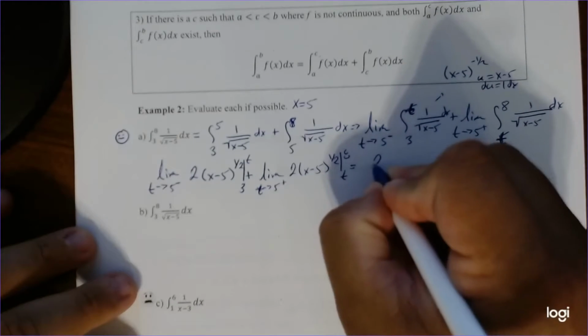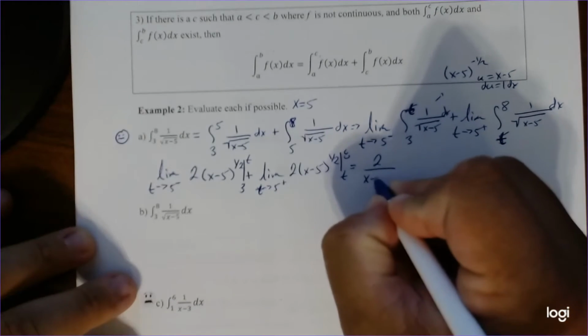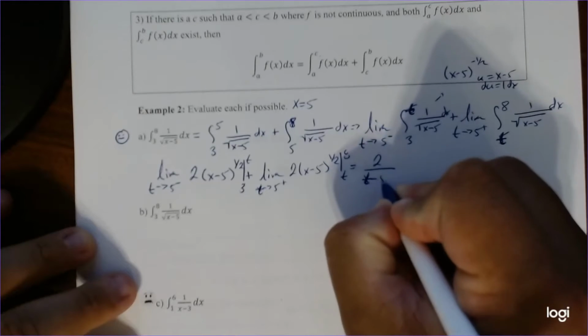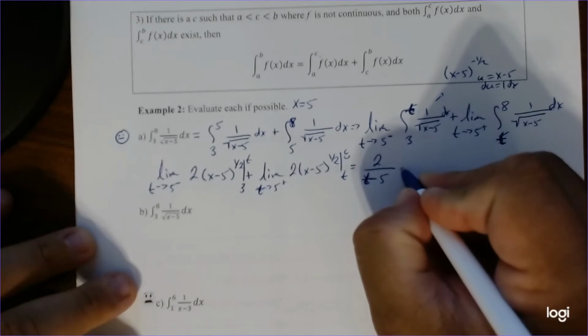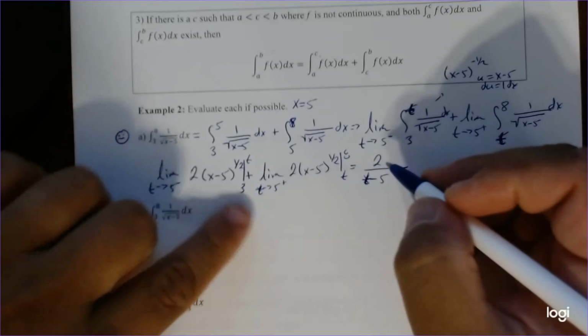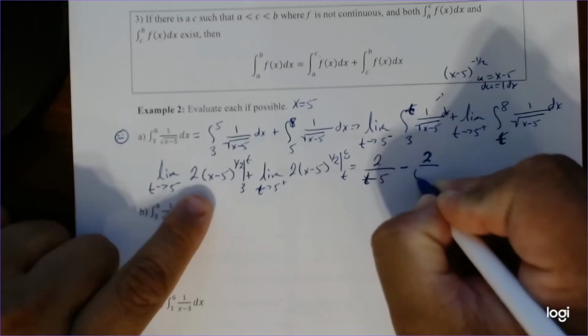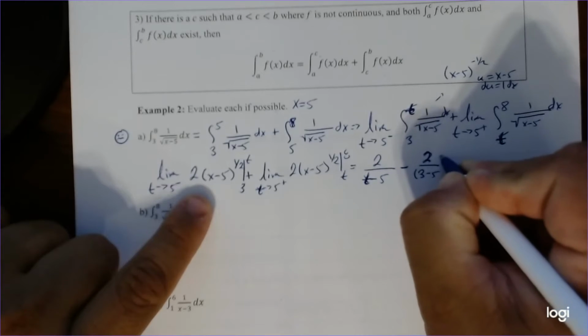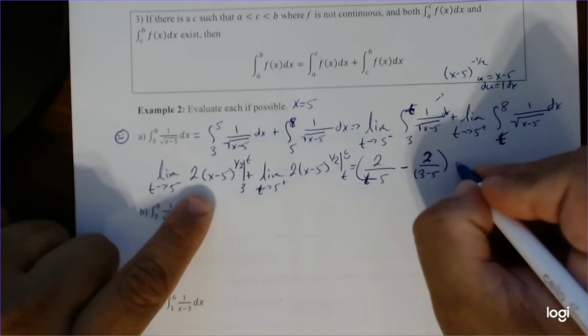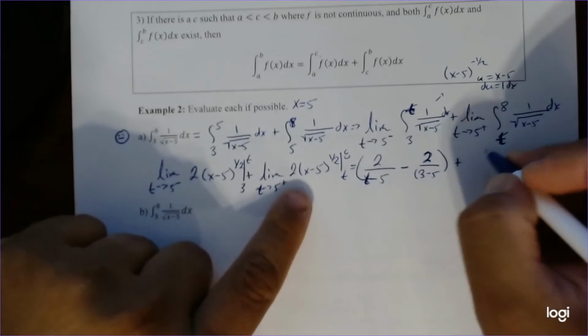So this is 2 on top of t minus 5, minus, you plug in 3 minus 5, plus same thing over here.